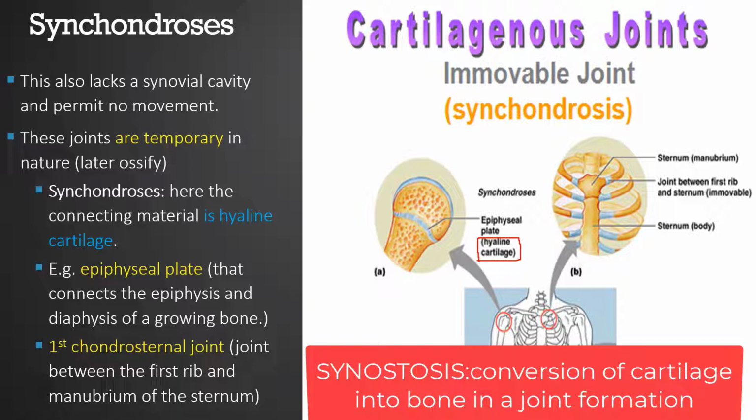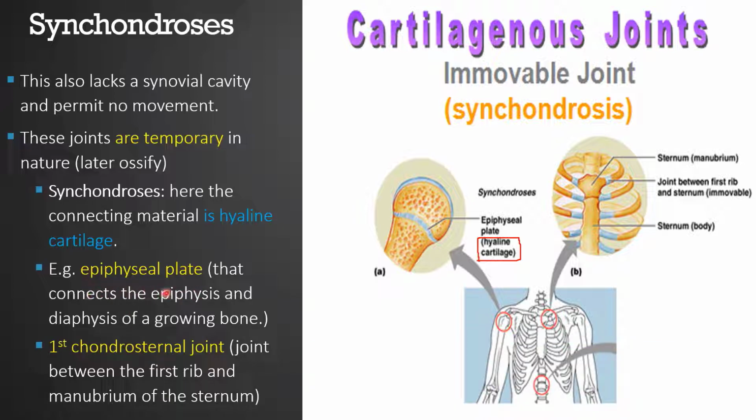And the examples of hyaline cartilaginous joint or the primary cartilaginous joint are epiphyseal plate of cartilage that later converts into bone. Similarly, the next important example is the first chondrosternal joint that is present in between the sternum and the first rib. Also, all the costochondral joints present in between the ribs and the sternum is the primary cartilaginous joint.